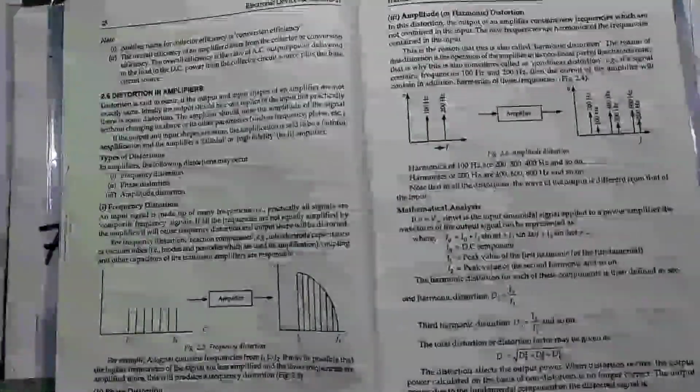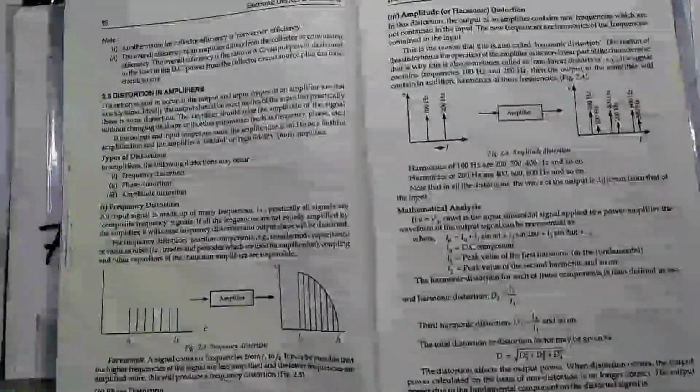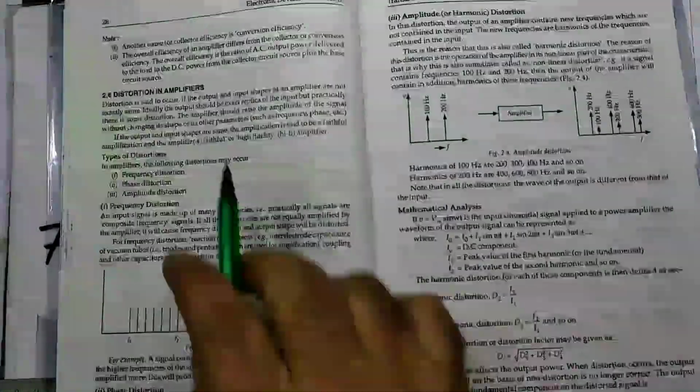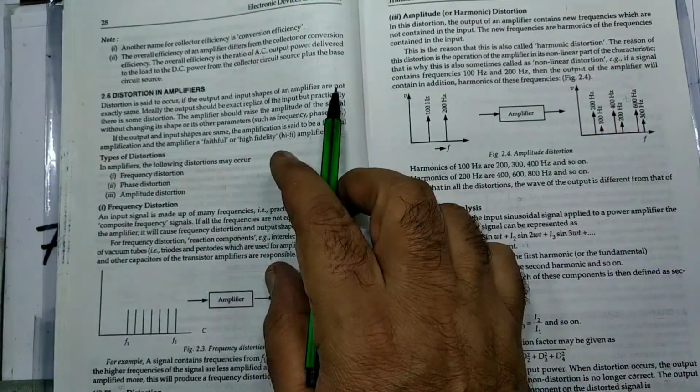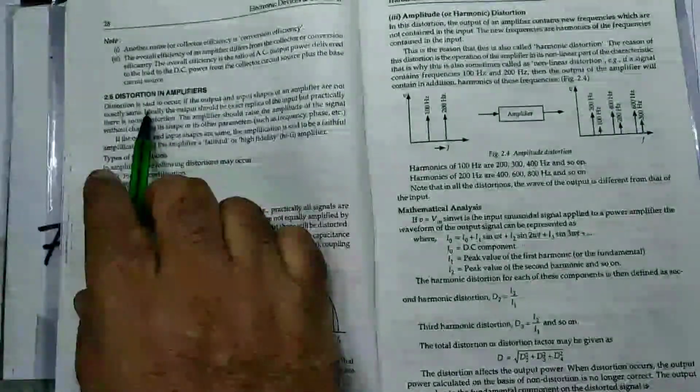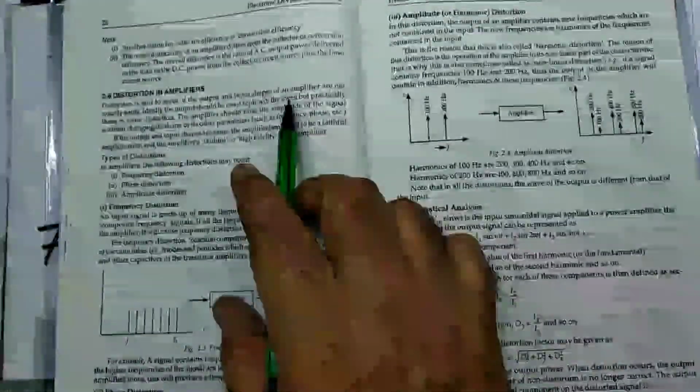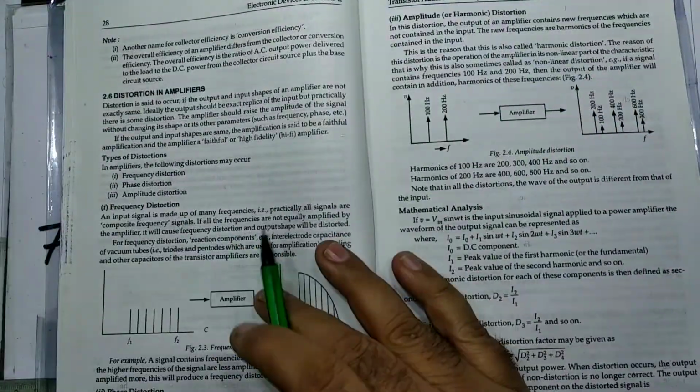Distortion in amplifiers is said to occur if the output and input waveforms of an amplifier are not exactly the same. Ideally, the output should be an exact replica of the input, but practically there is some distortion.